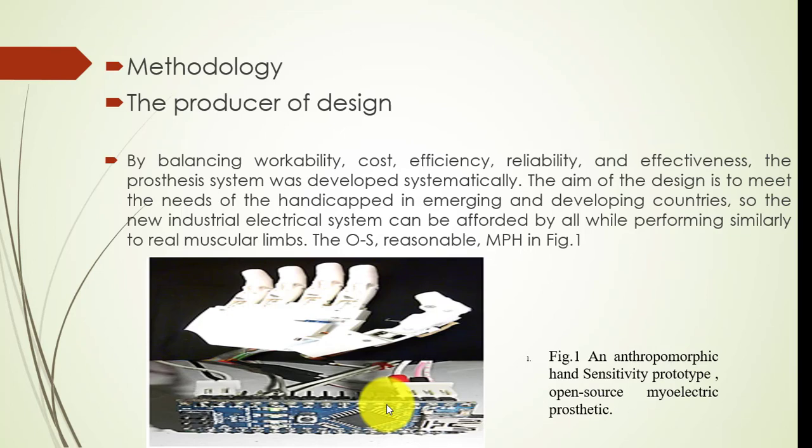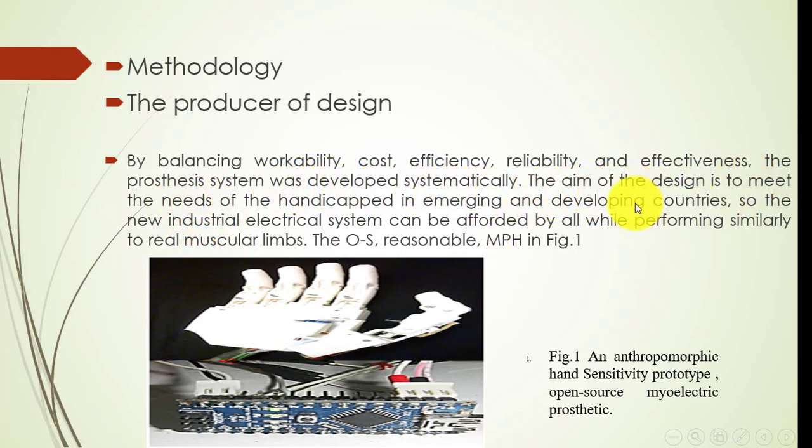Our methodology to design this hand is shown in figure one, showing the design consists of motors, a microcontroller, and plastic material designed using a 3D printer, for a reliable and efficient prosthetic system.